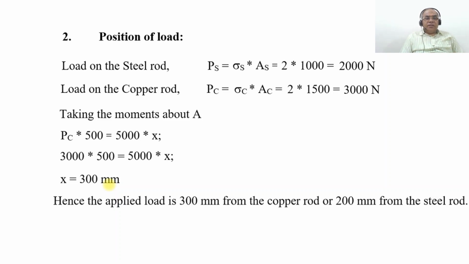Hence the applied load is 300 mm from the copper rod, or 200 mm from the steel rod. This is how you find the stress in both the steel and copper rods, and also the position of the load with respect to both rods. Thank you.